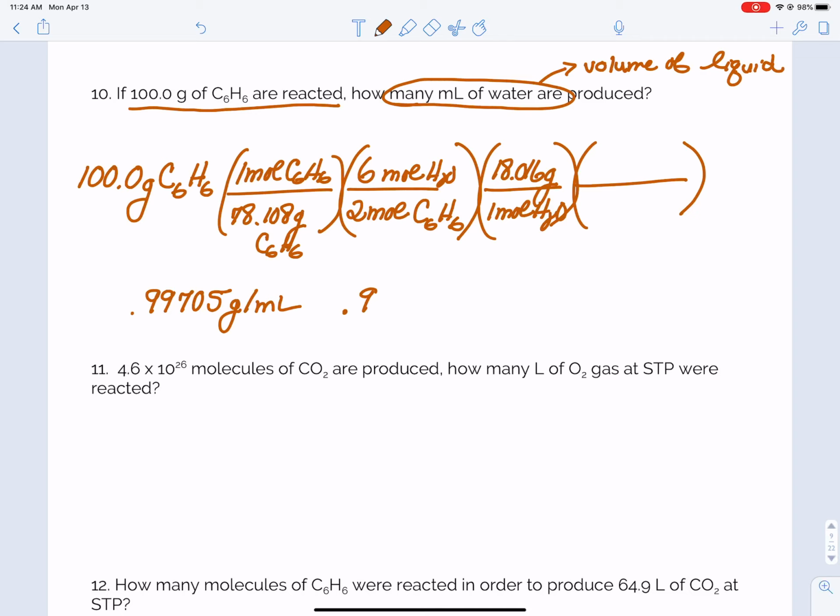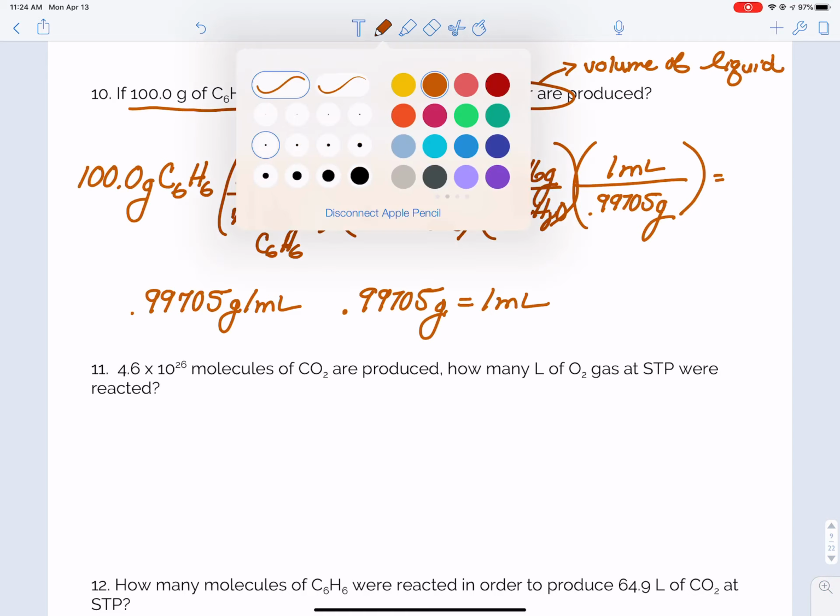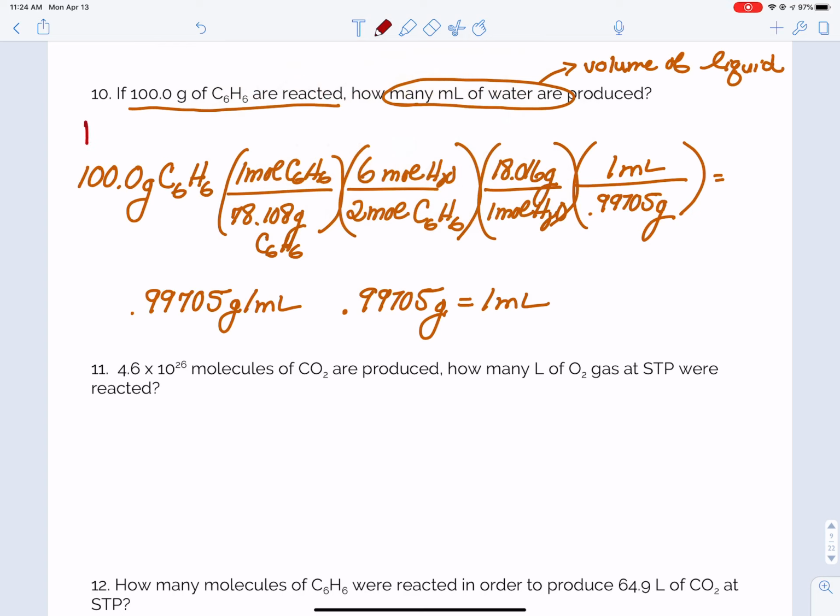Remember, that can get broken up. 0.99705 grams equals 1 milliliter. 0.99705 grams goes on the bottom and 1 milliliter goes on the top. Some of the things that we're using to help us out with these problems is what we're converting to goes on top. So I want to convert to milliliters. Milliliters is going to need to go on top.